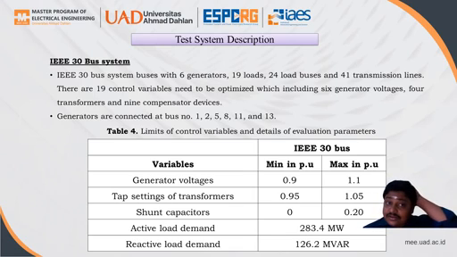In this system, 19 control variables need to be optimized, which include the 6 generator voltages, 4 transformers and 9 compensation devices. Generators are connected at bus numbers 1, 2, 5, 8, 11, and 13. These are the limits for the control parameters.